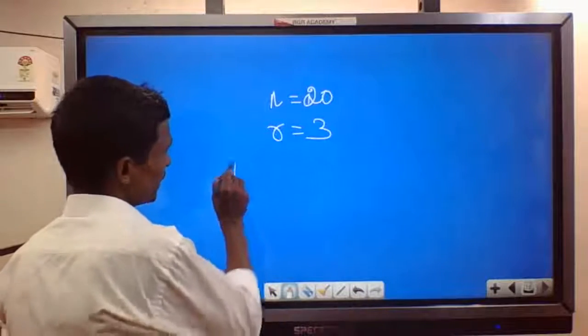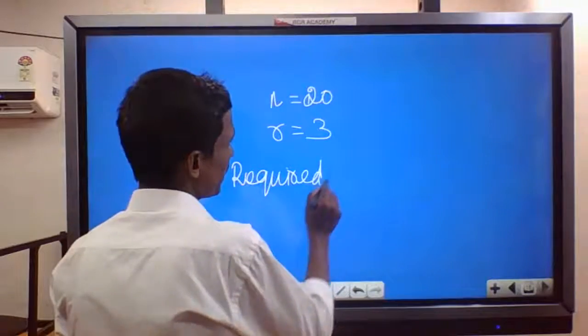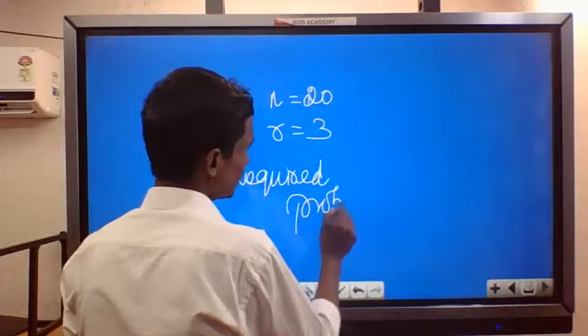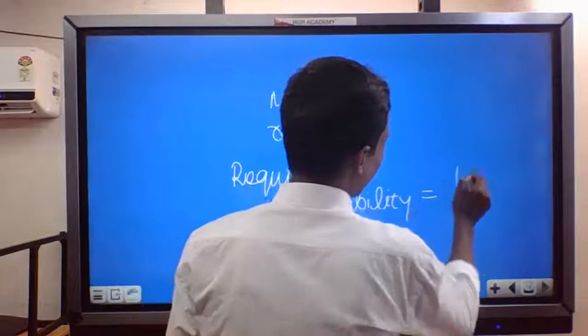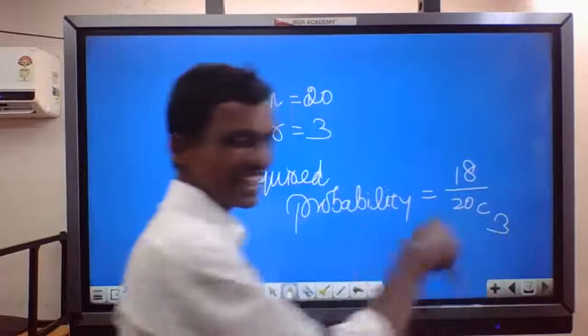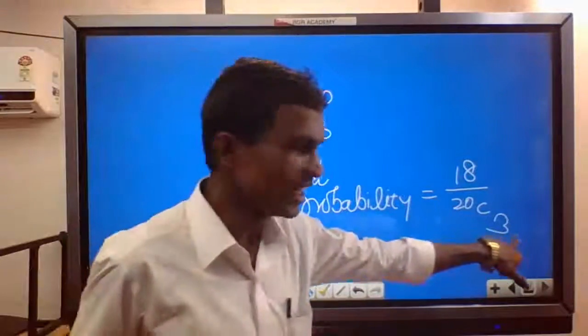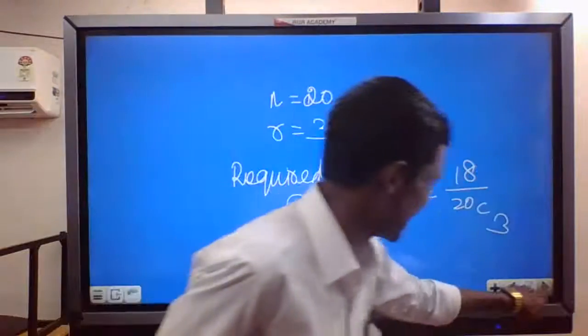The required probability is equal to 18C1 divided by 20C3, because 3 tickets are drawn, r equal to 3, n equal to 20, and the number of remaining tickets is 18.